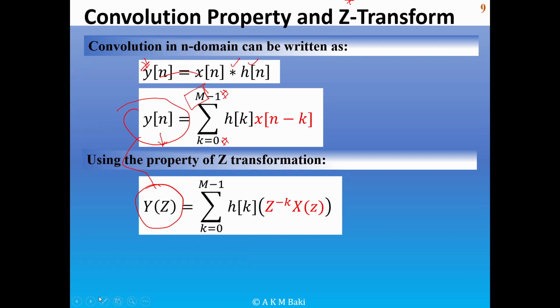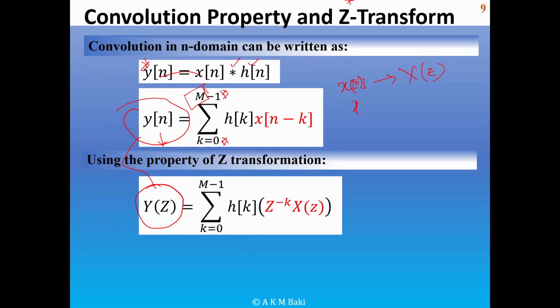So Y of z represents the transformation of y of n, and X of z represents the transformation of x of n.